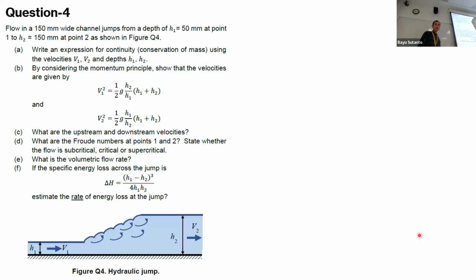Okay, next is question 4. It's a long question, but I think it's quite simple for us compared with question 2 or question 3. We have a hydraulic jump. I think it's more appropriate in civil engineering, but it's well to know for our understanding.